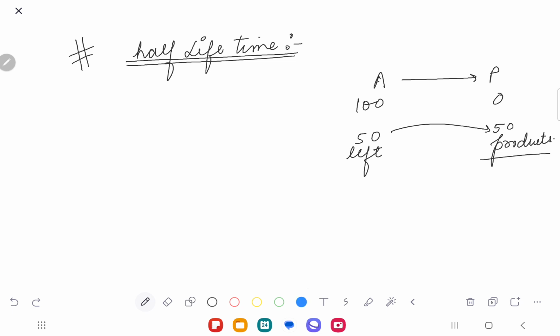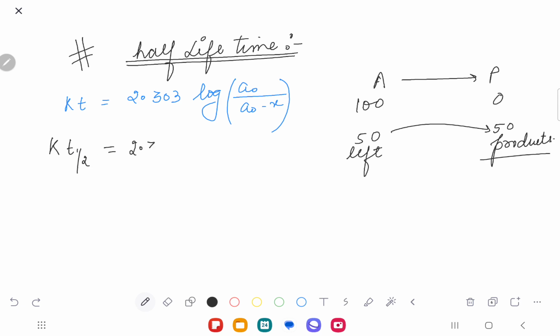Yes, ma'am. So now what is the equation? We have kt equals 2.303 log of a naught over a naught minus x. Now we are finding kt half equals 2.303 log of... let's suppose a naught is the initial concentration.